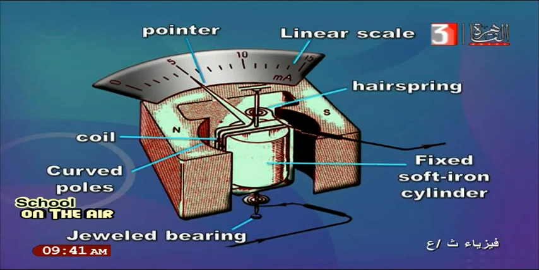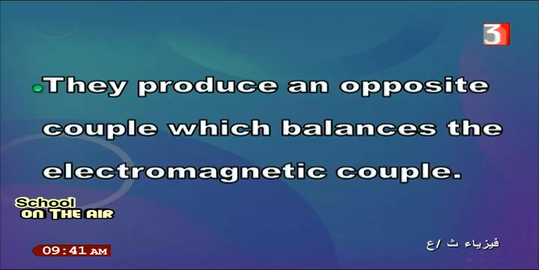Once again, we've got a fixed soft iron, and wrapped around it a coil that pivots in jewel bearings, attached to it a pointer that moves on a linear scale, and we've got hair springs. Part of the question was about the function of the hair springs. They have three functions.